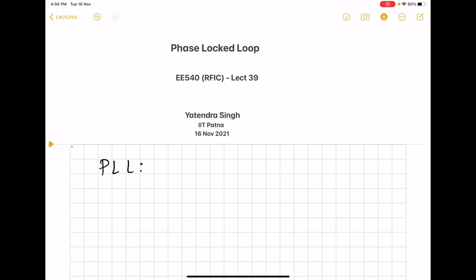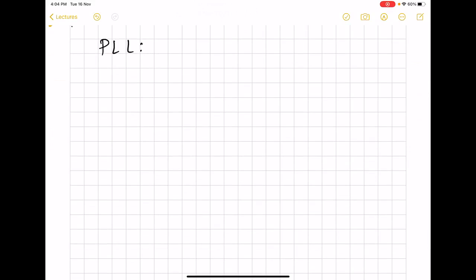So first we will see the block diagram of a PLL. Then briefly we will see the classification of PLL, and then see the qualitative functionality of PLL.